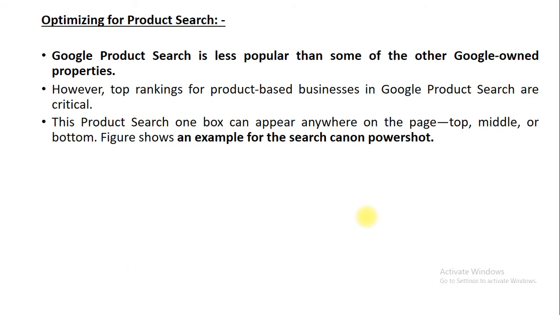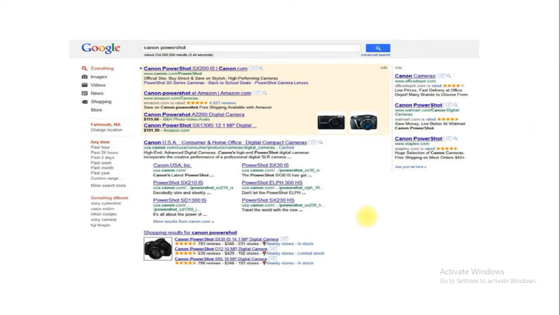Google product search is less popular than some of the other Google properties. However, top rankings for product-based businesses in Google product search are critical. This product search one box can appear anywhere on the page: top, middle, and bottom, as shown in the figure, an example of a search for a Canon PowerShot. So over here we have searched for a particular product, and you get a list of links which contain Canon PowerShot.